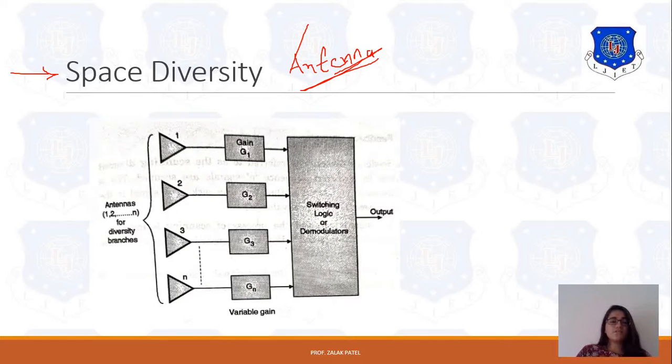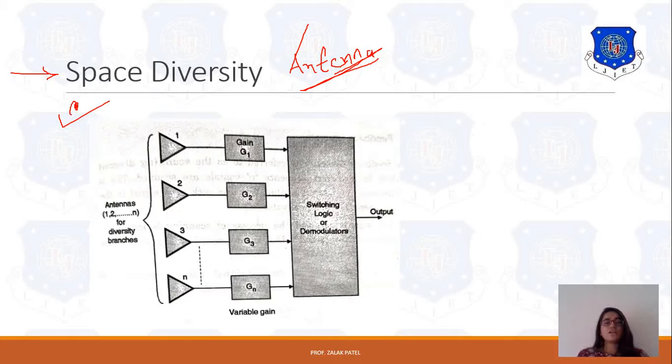First, the general block diagram of space diversity: here multiple, n number of antennas are there, and because of the n antennas, it has individual gain factors G1, G2 up to Gn. There will be some switching logic or demodulator that takes the multiple inputs and converts them into the output. So this is a basic space diversity block diagram. Now by using this basic block diagram, we discuss the different space diversity techniques.